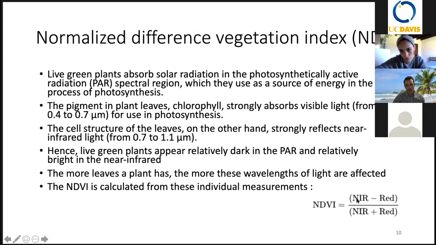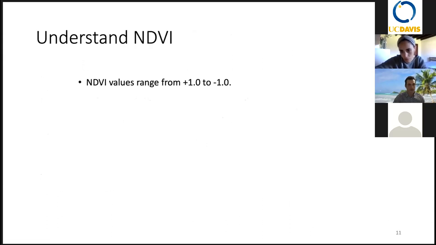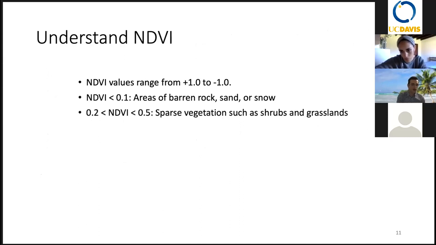This is the formula to calculate NDVI: measurement in near infrared minus red channel over measurement in near infrared plus red channel. That will be a normalized value between -1 to 1. As I mentioned, below 0.1 is an area for rock and snow.